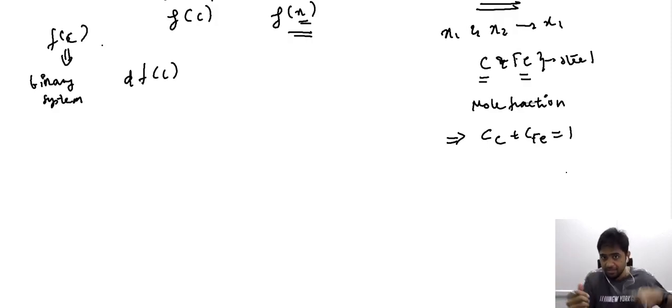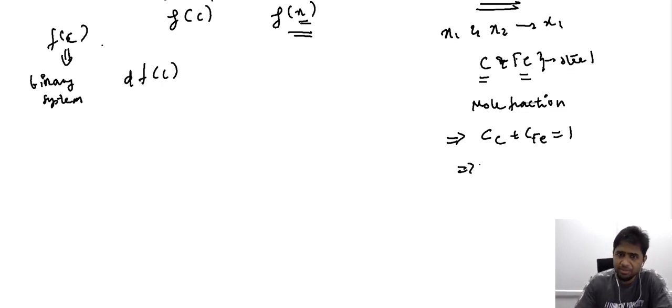In case of binary, we have carbon and iron, so their concentration can be represented in this manner. So it means the concentration of carbon and the concentration of iron are dependent, and this is an elegant representation of the relation that exists between them. Secondly, one other reason why mole fraction is largely adopted in numerical treatment of concentration is because it has no unit.